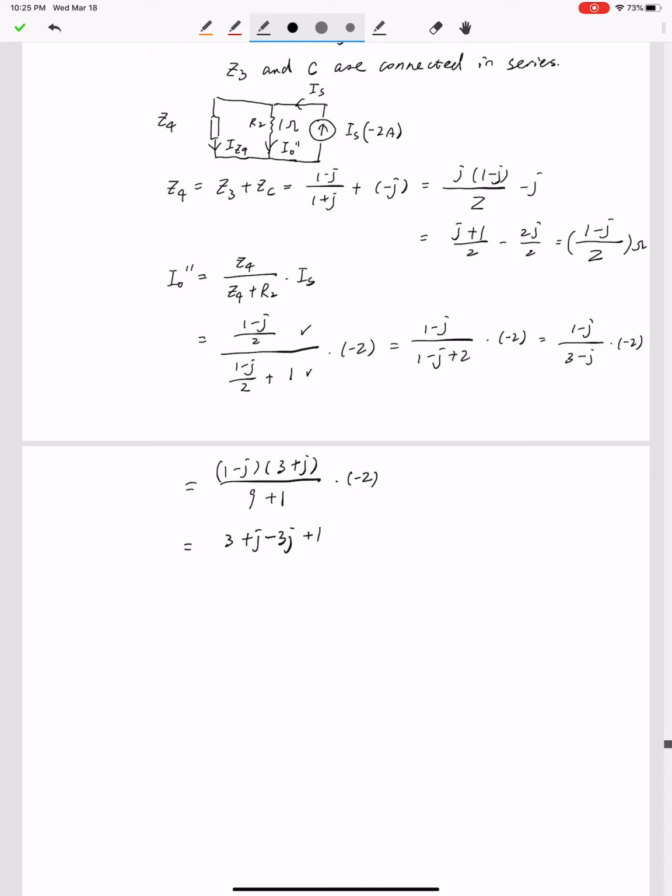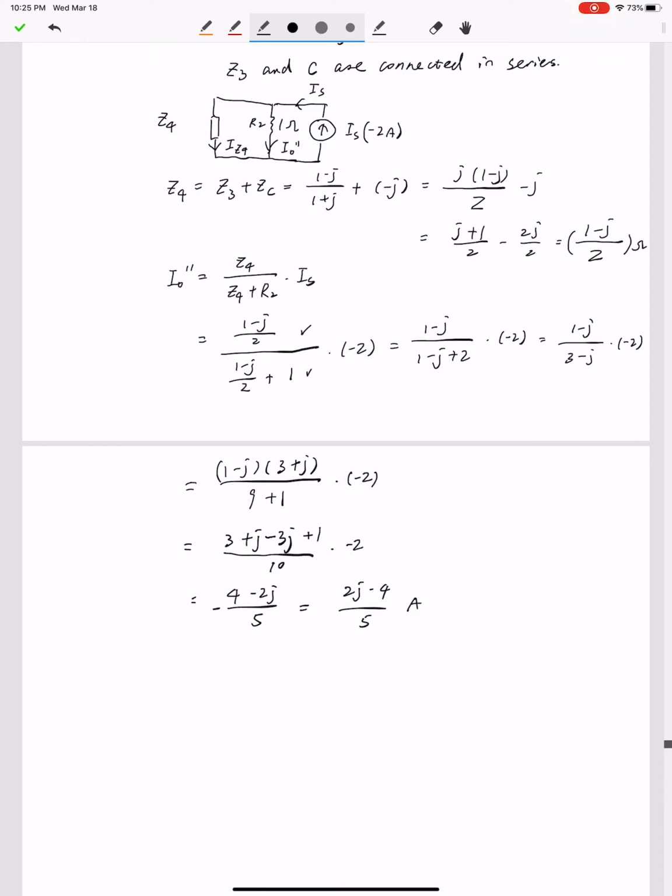J squared is minus 1, and minus minus becomes positive, right? Divided by 10, times minus 2, which equals 4 minus 2j divided by 5. Don't forget the minus sign here. So the final result is 2j minus 4 divided by 5.